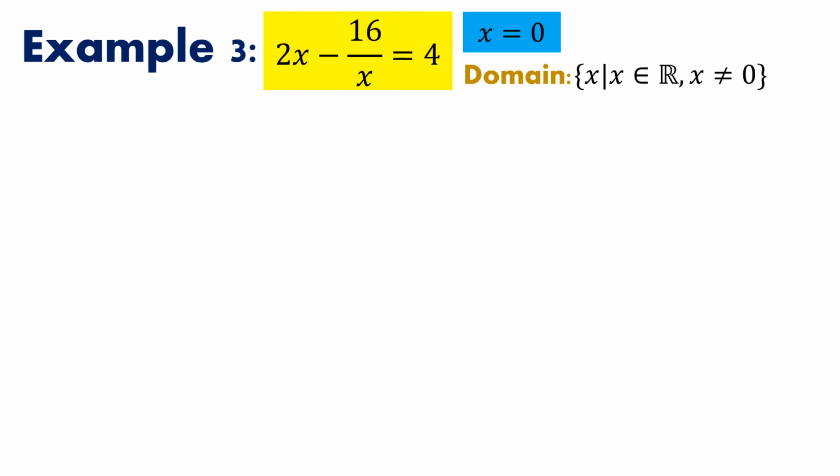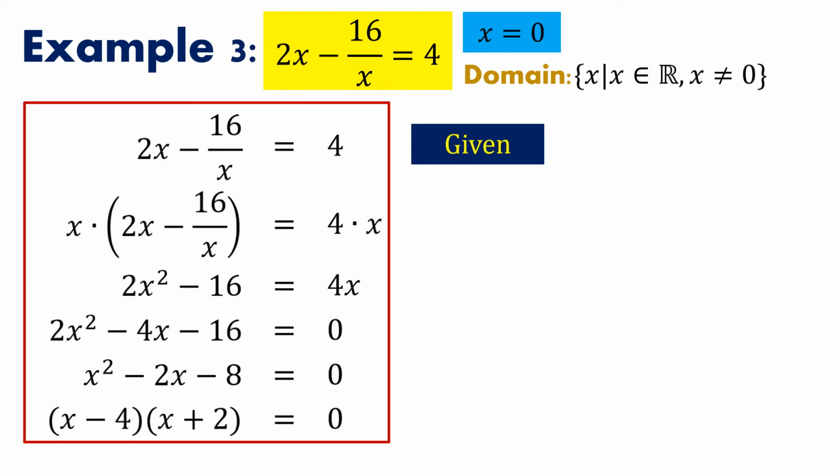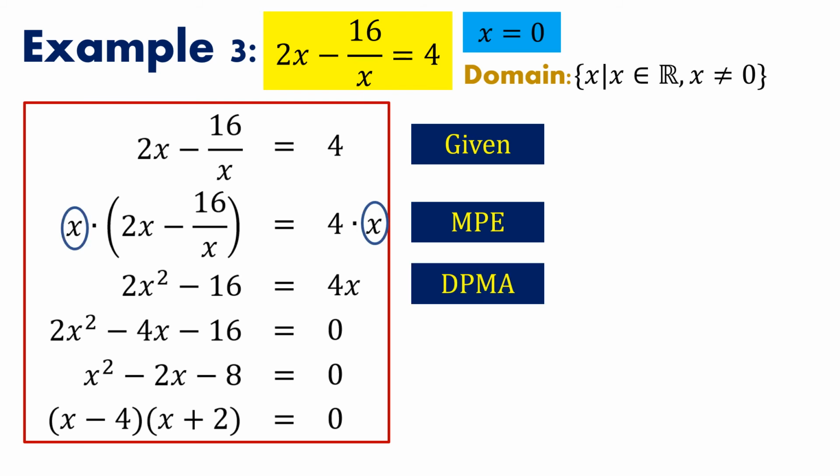Next, we solve the rational equation as follows. Given the rational equation, we apply the multiplication property of equality. We multiply both sides of the equation by the least common denominator, which is x. We apply the distributive property of multiplication over addition on the left-hand side of the equation. Then we simplify.